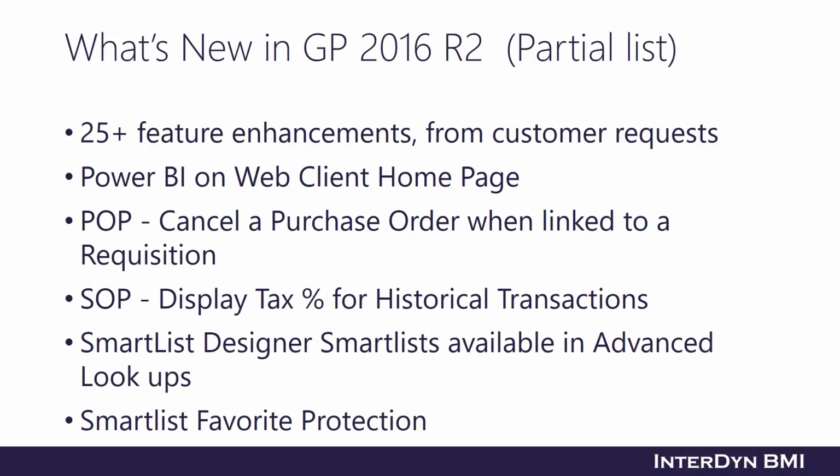On sales order processing, we'll be able to now display the sales tax percent when we look at historical transactions. What happens today in the system is if there's a tax, let's say the county updates their sales tax and we go in and make that change, well, when we look at a transaction that was done a week ago, 10 years ago, we see the correct dollars, but the percent of the sales tax on the document is the percent that is used today.